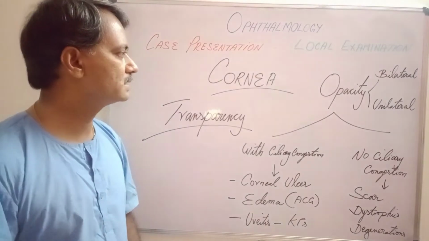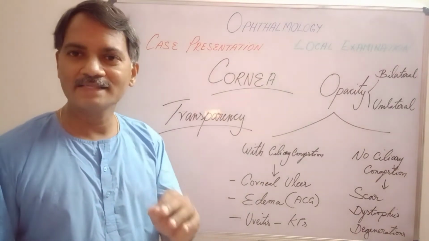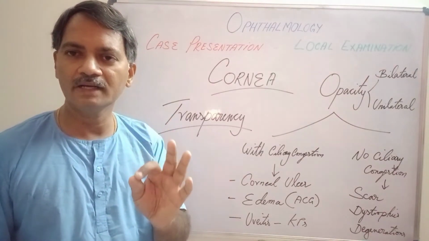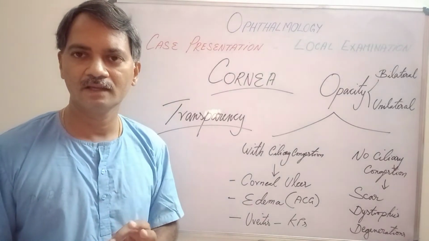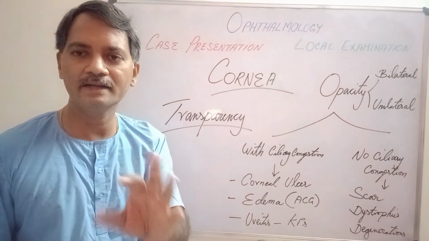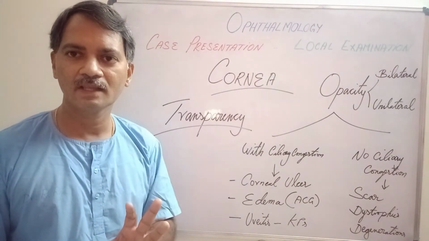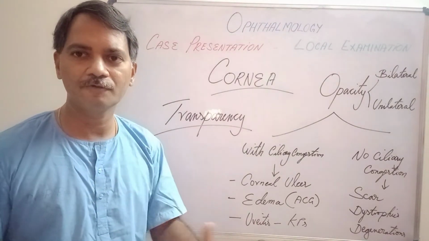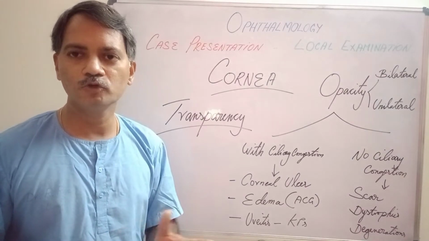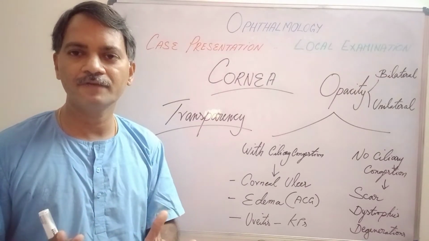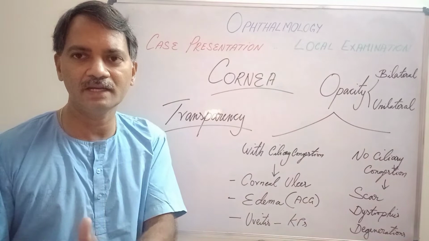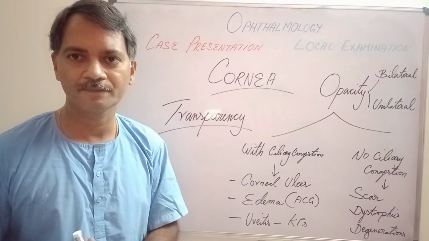Bilateral corneal opacities are classical of corneal dystrophies. Dystrophy is a hereditary condition which will occur in both the eyes. There are multiple types of corneal dystrophies. Each one of the dystrophies manifests at a particular period of time in our life.